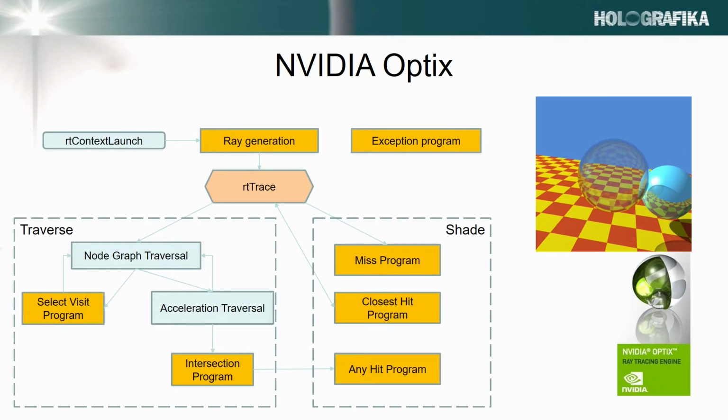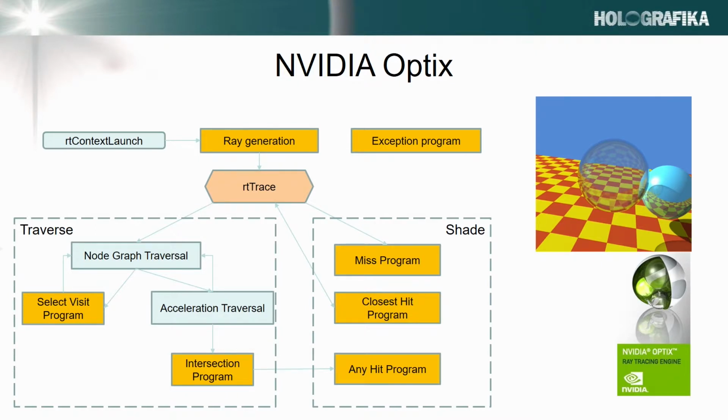Okay, let's talk about GPU acceleration libraries as well. We have NVIDIA OptiX, where we have a context. When we set up the context and launch it, it goes into ray generation, so it generates the primary rays. So we can already see that this is more or less a backwards ray tracer, or at least it likes to behave that way. Then we have ray tracing, where we do node graph traversal. We have a traversal on the nodes.